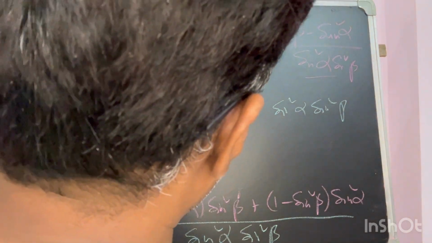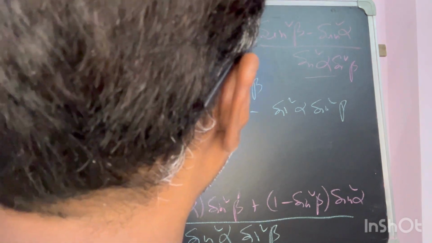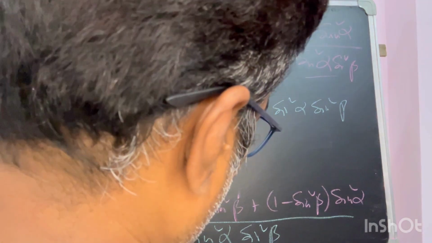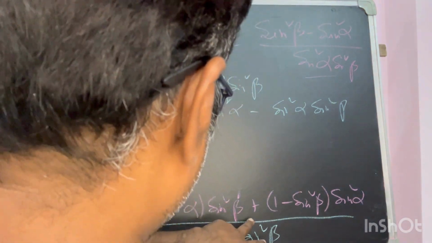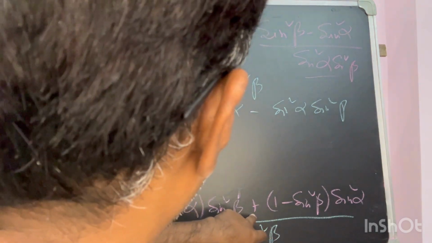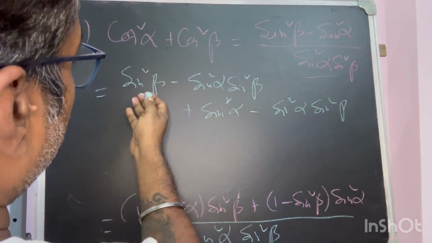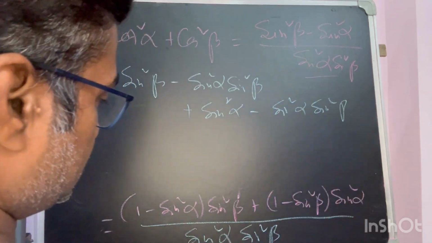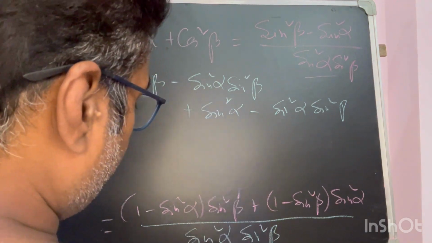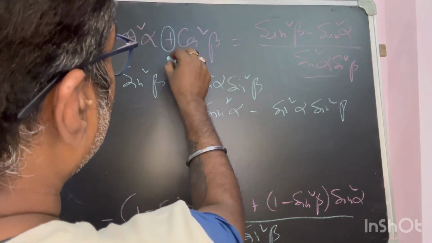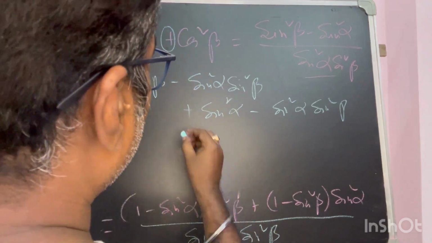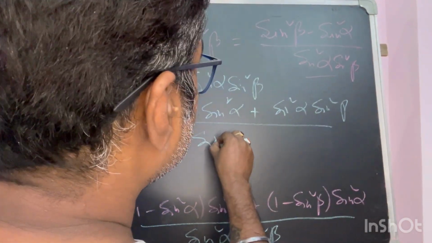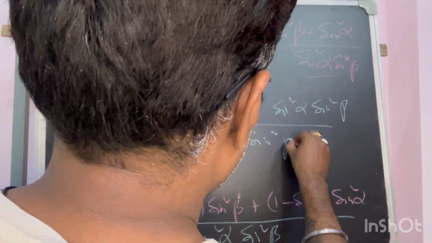Now plus is given, it won't follow the proof, because if I keep plus here, there is no possibility I will get sine square beta minus sine square alpha, and by the way this will not be cancelled out. So it is obviously this sign is wrong, it has to be negative, then only I will get minus and plus here, and the bottom sine square alpha and sine square beta is always there.